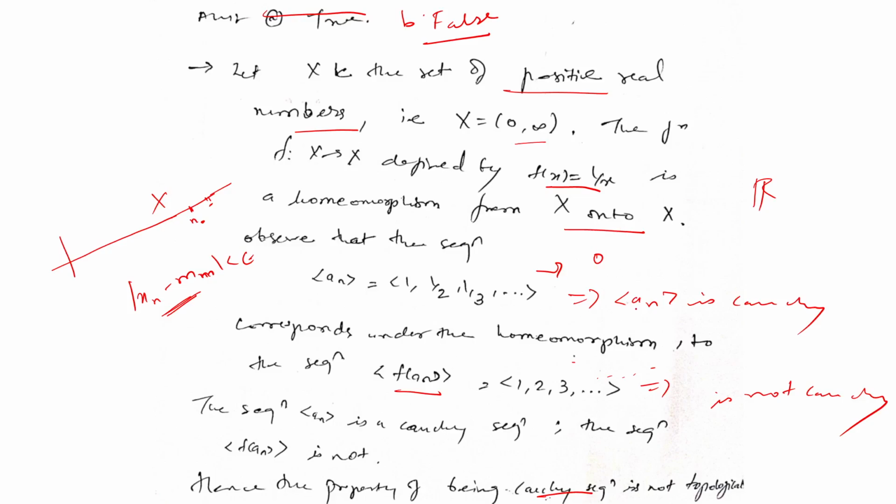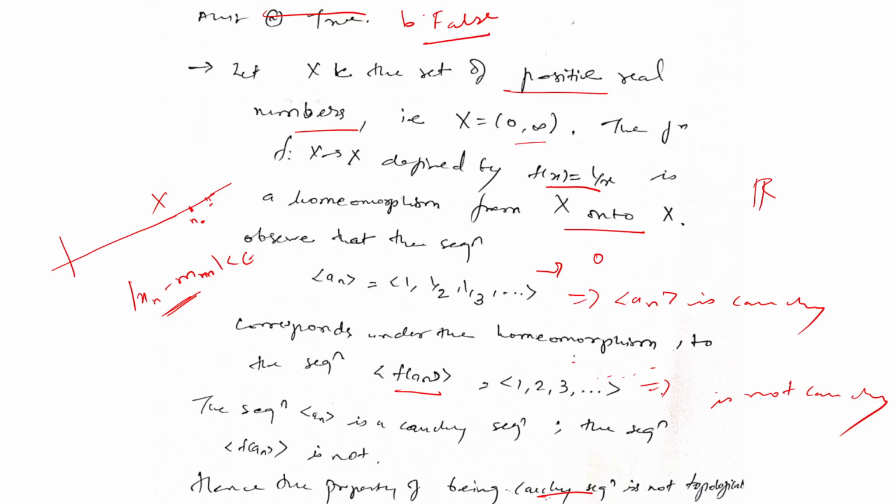Now let's see for the Cauchy sequence. If you are taking a sequence a_n as 1, 1/2, 1/3, and so on, then this sequence is a Cauchy sequence, right? But the corresponding sequence under the homeomorphism is the sequence of f(a_n), which will be 1, 2, 3, and so on.